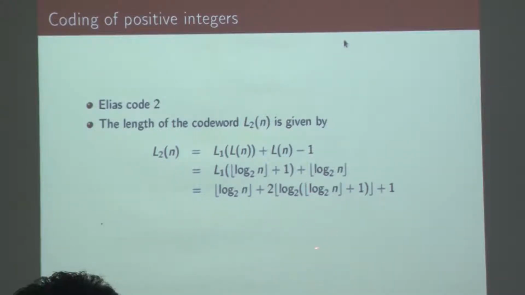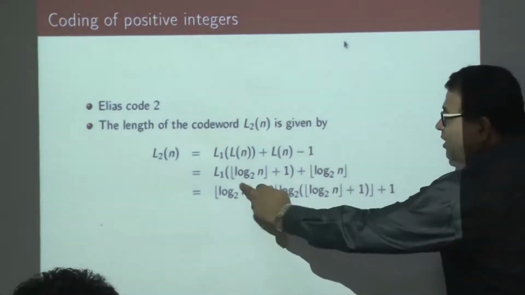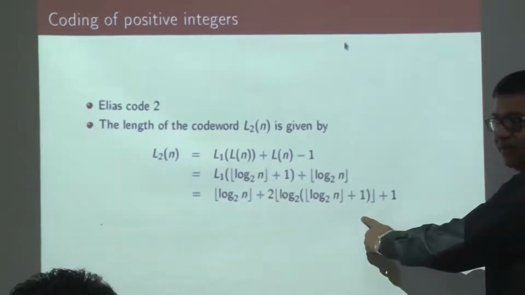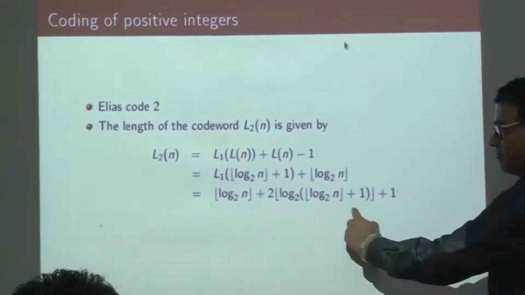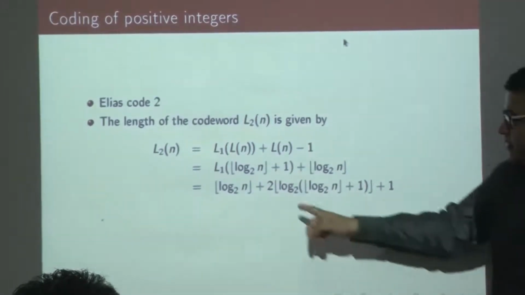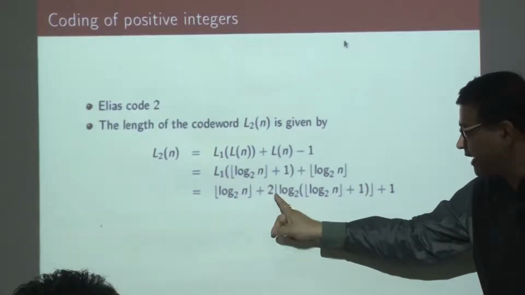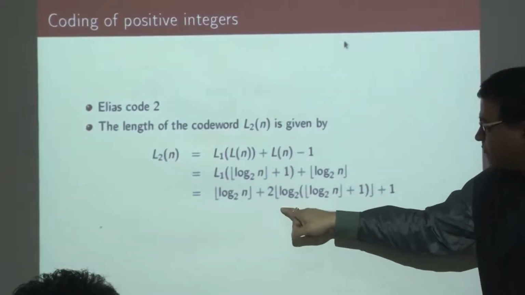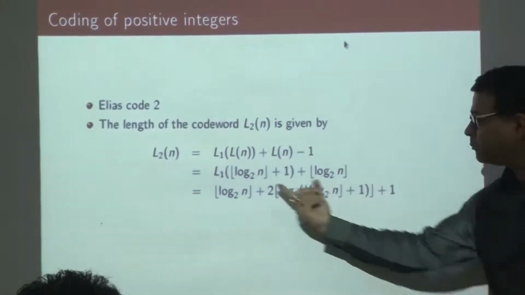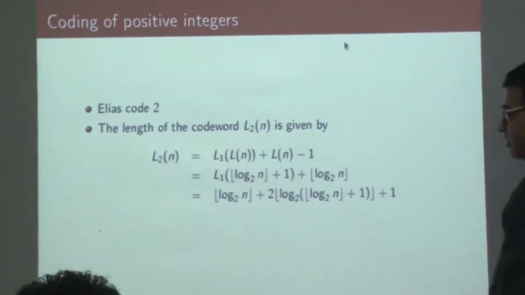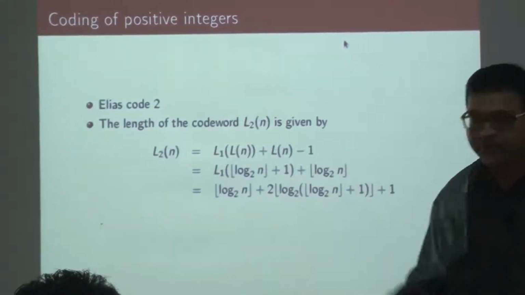You understand how I am getting this? Because L1 of n is 2 times floor of log n plus 1, n has been replaced by this particular term, and this log n is coming here.